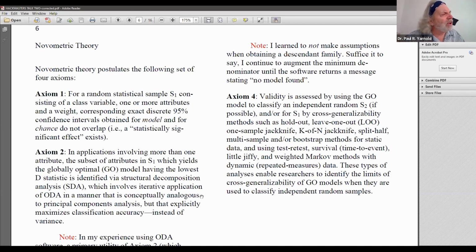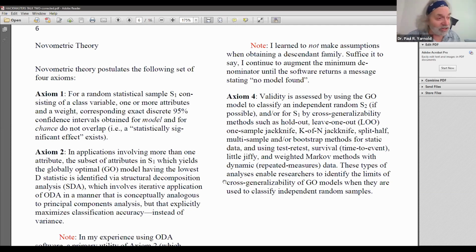In quantum mechanics, what one does is a principal component analysis, and they just take the first principal component, which explains the majority of the variance. Structural decomposition analysis is exactly analogous to principal components. And I love principal components.